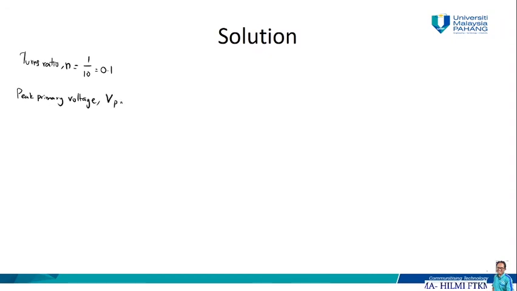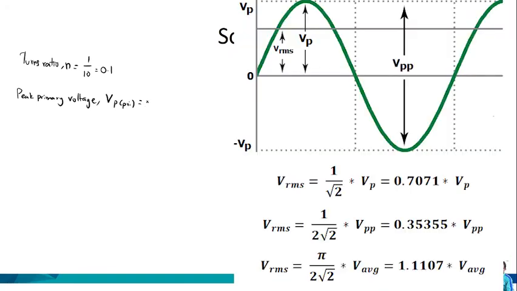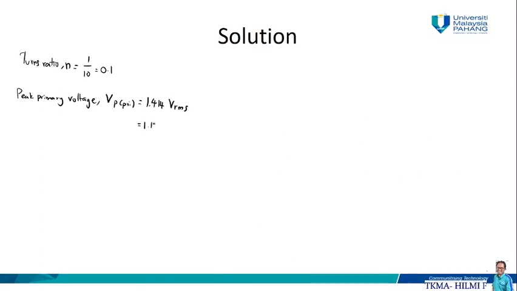VP primary is equal to 1.414 times VRMS, so 1.414 times 115 volt, and we get 163 volt.